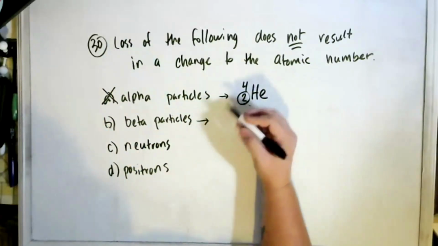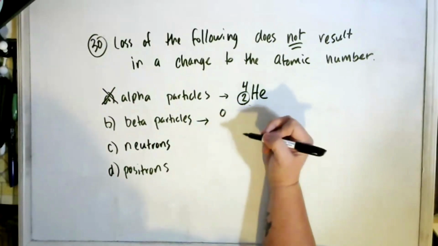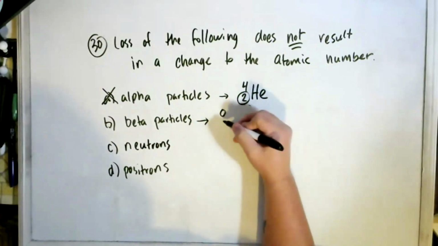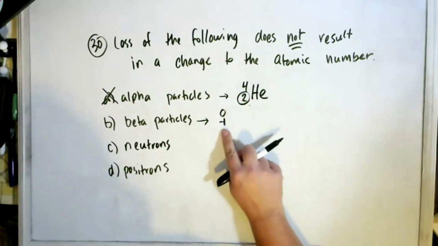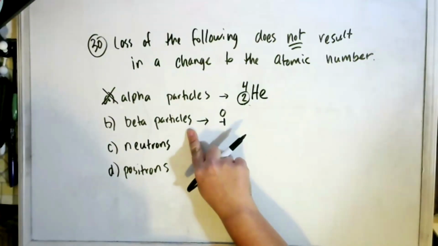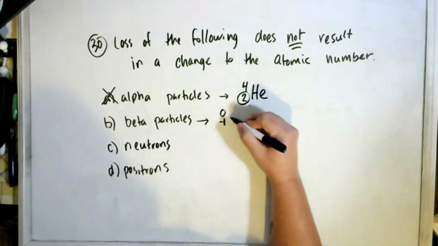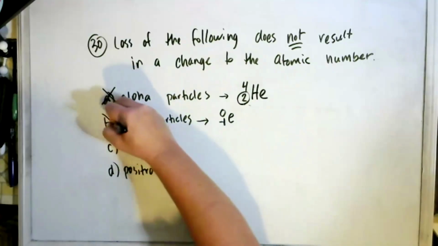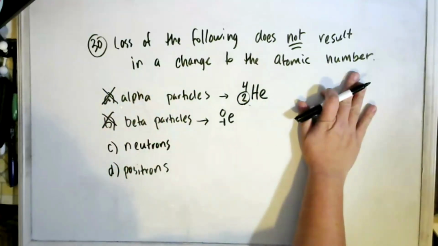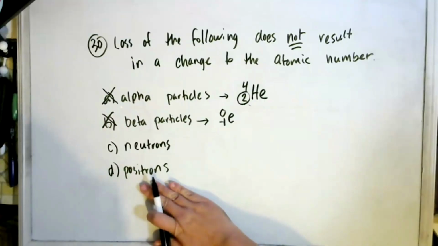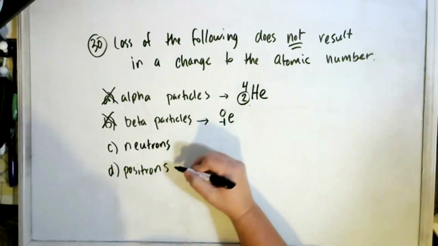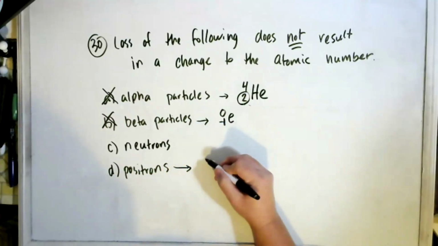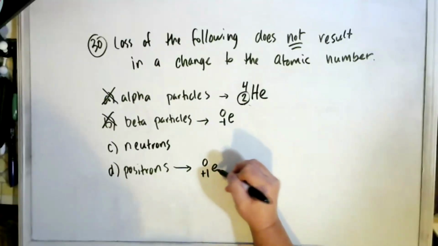Beta particles, there's a 0 up top, but that's the mass number. There's a -1 down here. So when you have beta decay, you're going to be increasing your atomic number by 1. That's a change, so that doesn't answer the question. Positrons are kind of related to your beta particles because they're opposites.